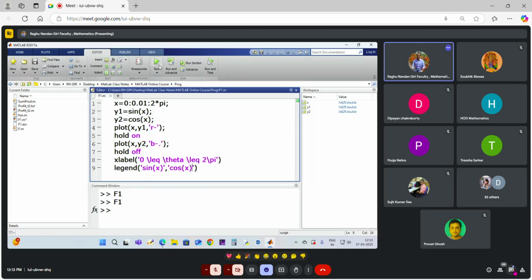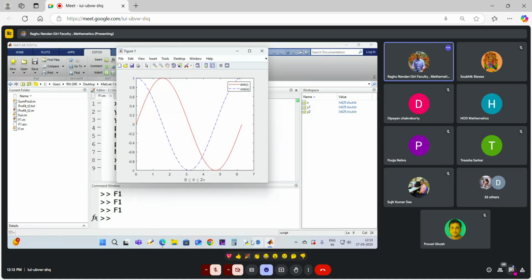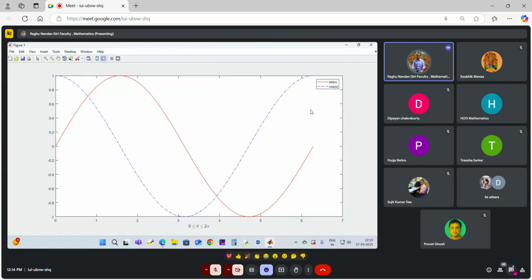So see, in the top right corner, there is a small portion of each graph: the red color graph is for sin x, and the blue color graph is for cos x. So from the legend, we can easily understand which graph is for what function.